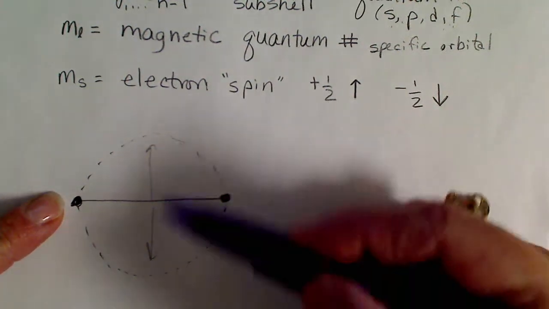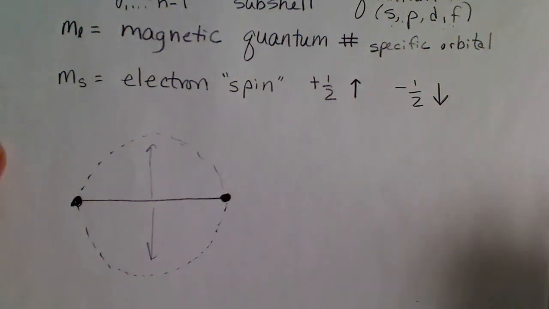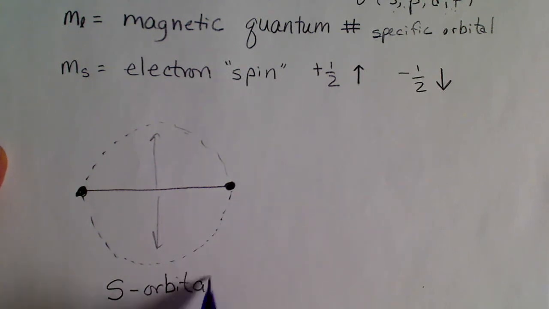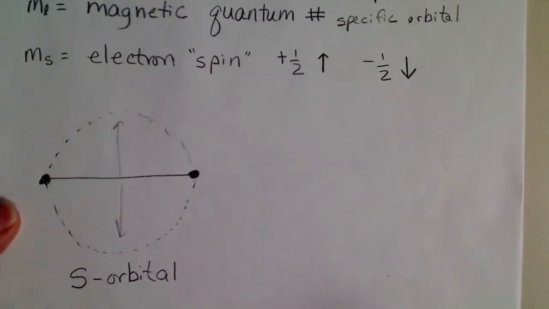So we could get the string just vibrating up and down. And this really is where the S orbital shape comes in. Anything that can wave, so to speak, that would be the simplest case.